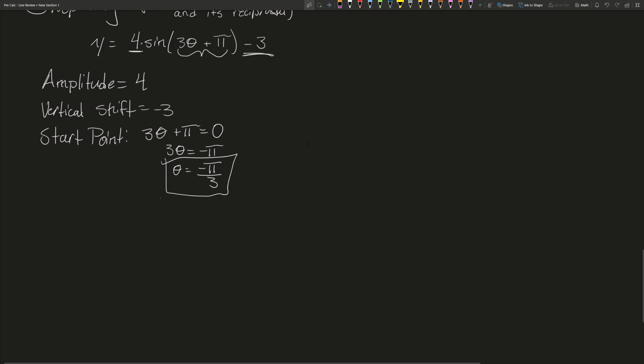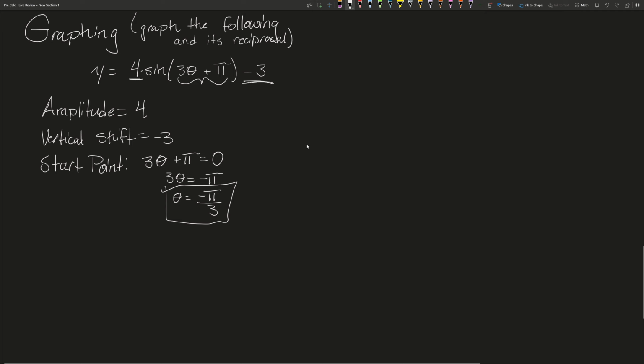For the endpoint, you do the same thing, but set it equal to 2 pi. And again, solve for theta.